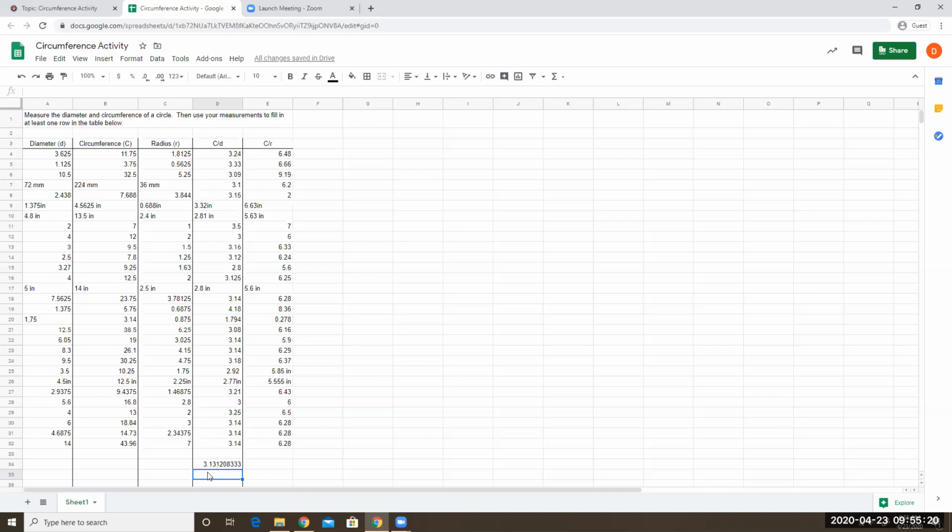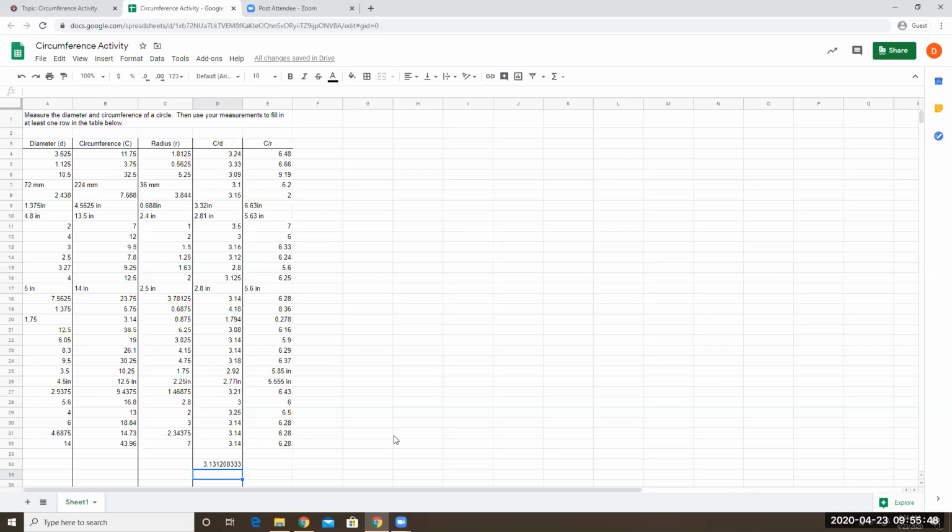But pi is about 3.14, right? And so we're pretty darn close to that. In fact, these individuals got exactly 3.14, and like I said, I suspect that they didn't actually measure. I think that they used formulas to get from here to here. And if you use the formula, then of course, when you divide these things, you're going to get pi. That's kind of missing the point of the activity, though.